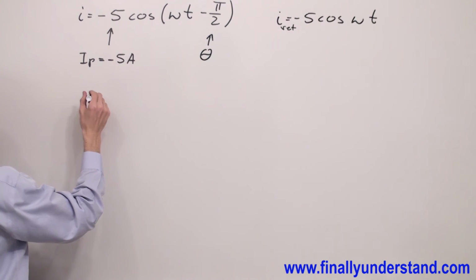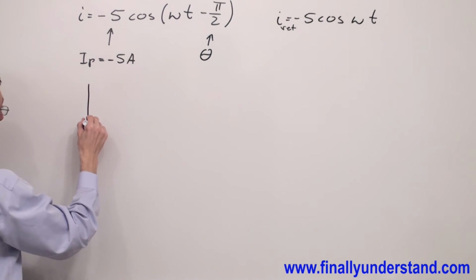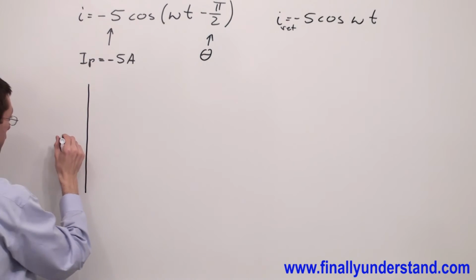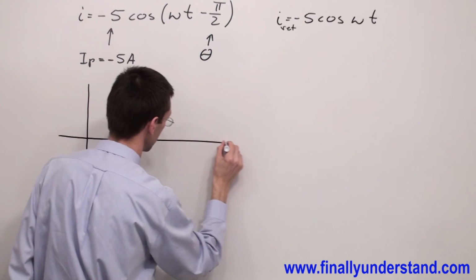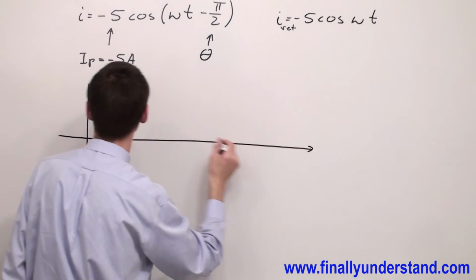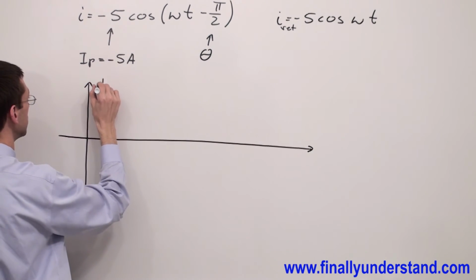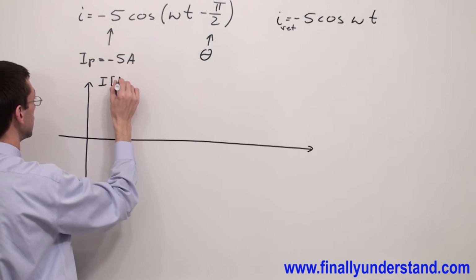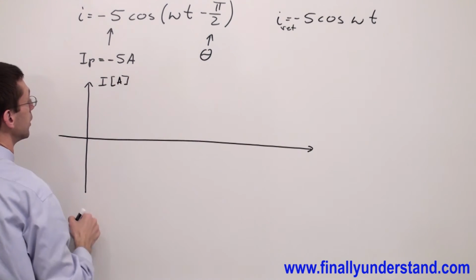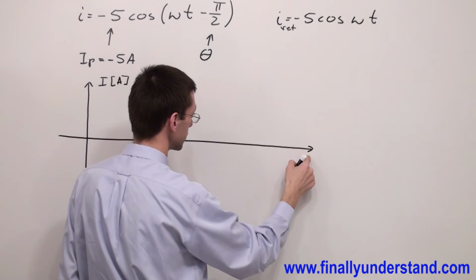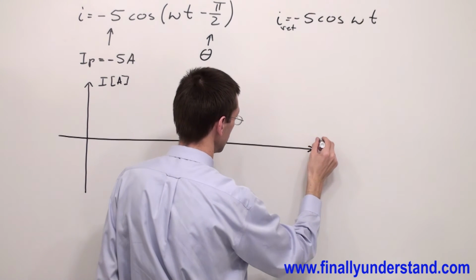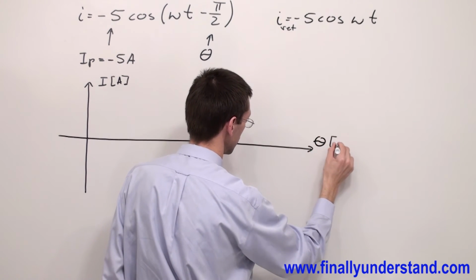Next, I'm going to draw xy plane. This is my current in amps. And my x-axis has to represent the angles in radians.